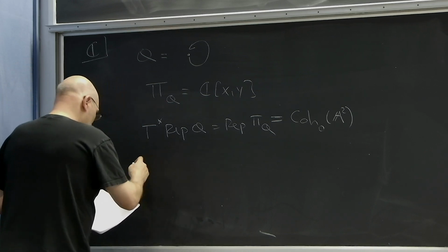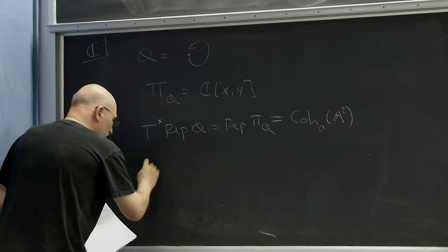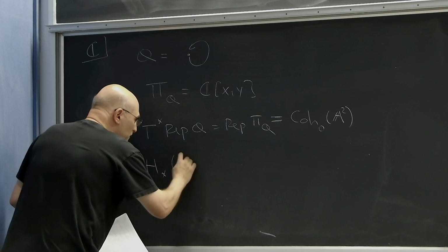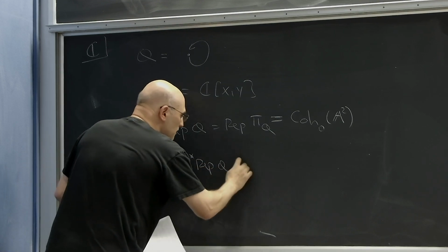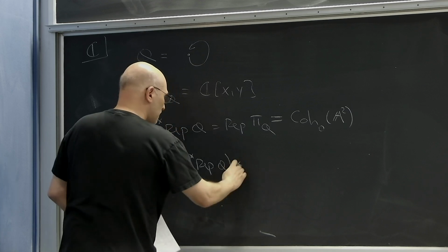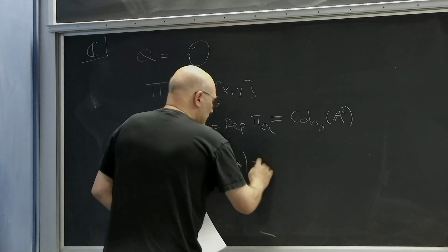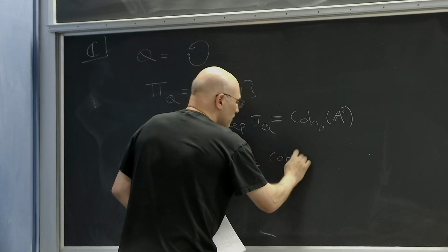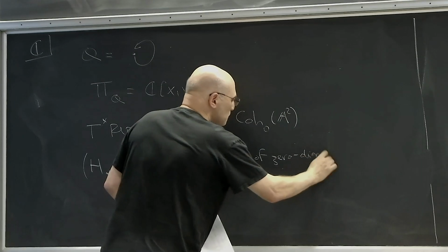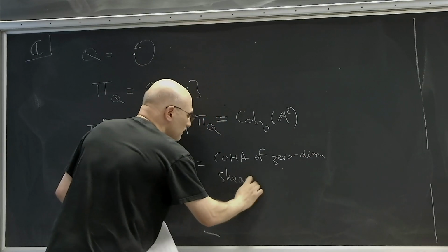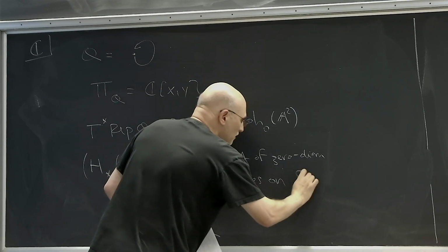And so the Coha that we're interested in, this homology of T star rep Q with a product, we can say this is the Coha of zero-dimensional sheaves on the surface A2.